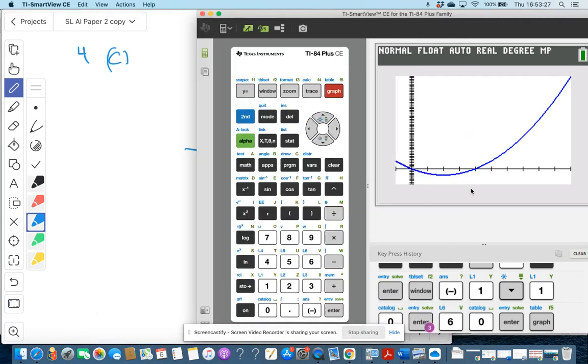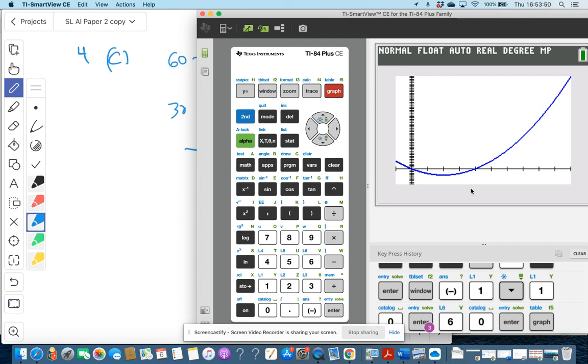Sorry, 1, 2, 3, 4, 5. It went up through 4. So again, I don't really need to draw this part over here to the left. It actually starts at 0, 0, and then goes up to 60.